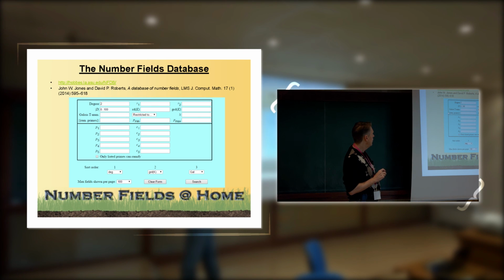You can put in the Galois group, the class number, the number of ramified primes, a minimum and a maximum ramified prime. And then you can also specify a list of specific primes and the powers on those primes if you're interested in a very specific ramification structure. And then of course you can give the order that you sort and some other stuff here like the maximum number of fields per page.